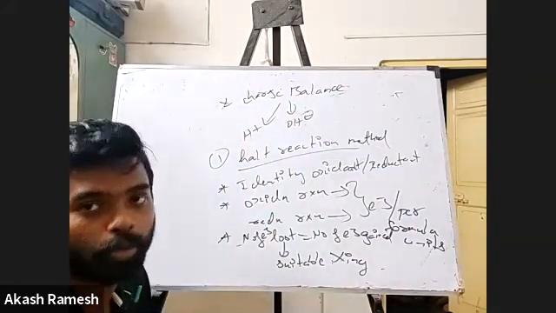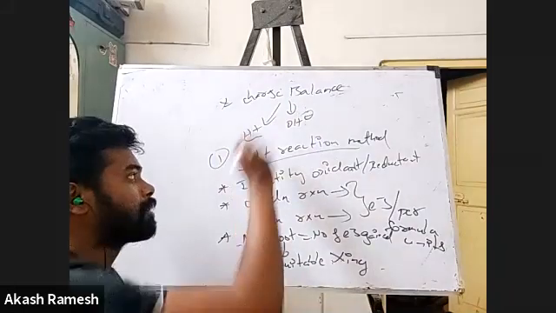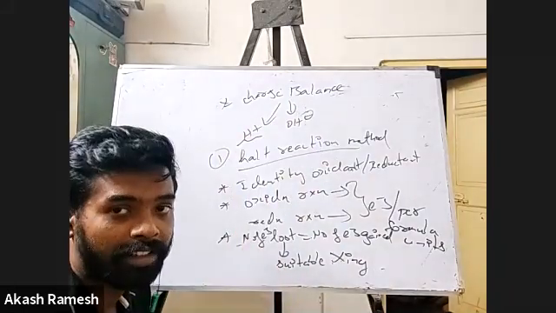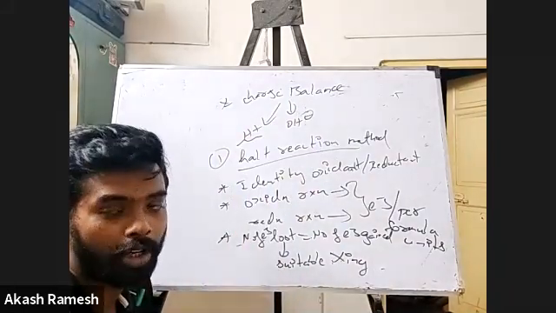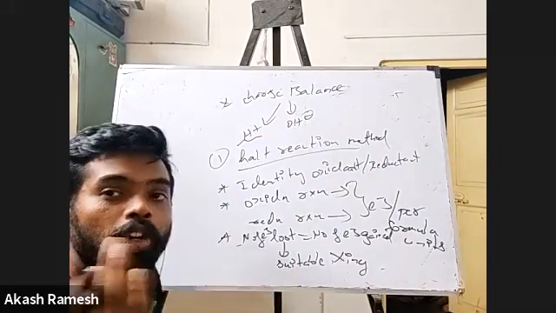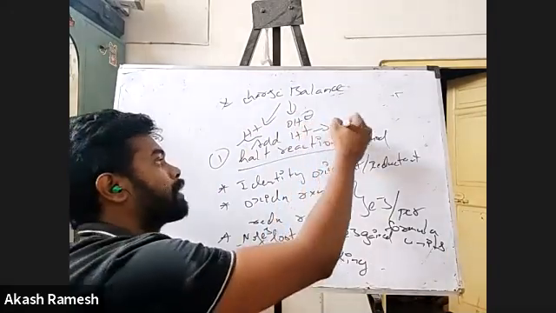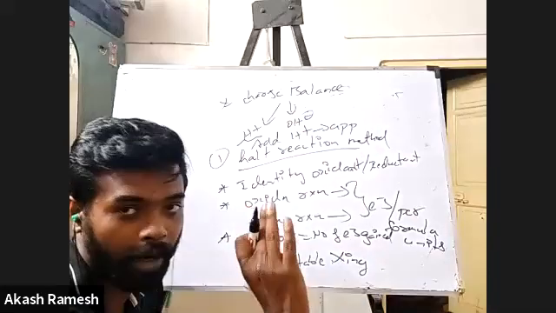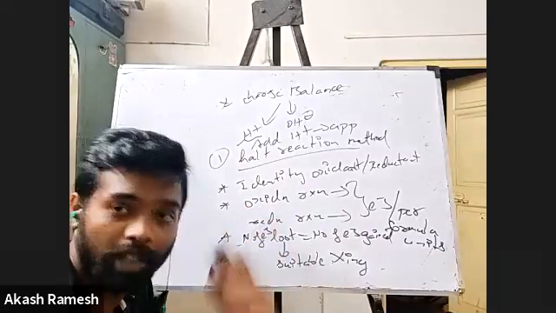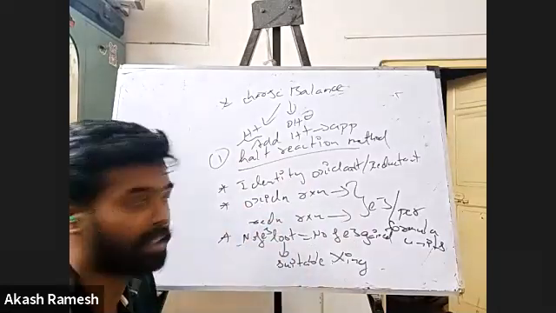When you have an acidic medium, you make sure that for charge balance you add H plus on the appropriate side, not necessarily the reactant side or product side. Wherever it is required, you add it. There is no restriction that it is only on the reactant side.